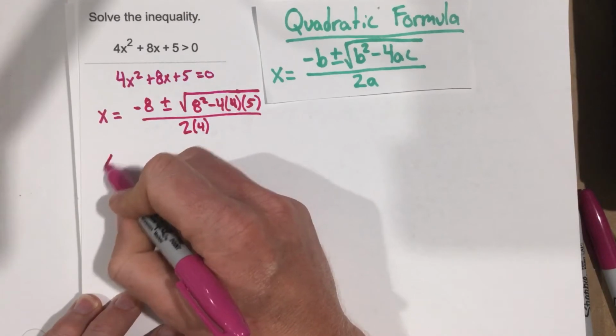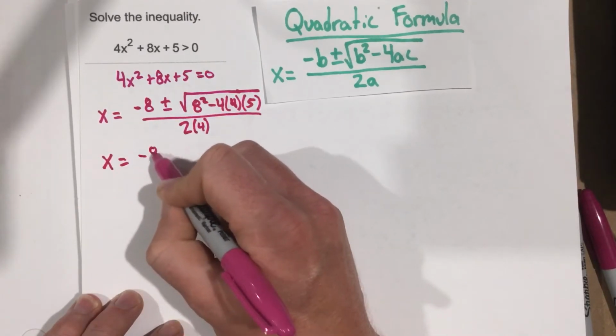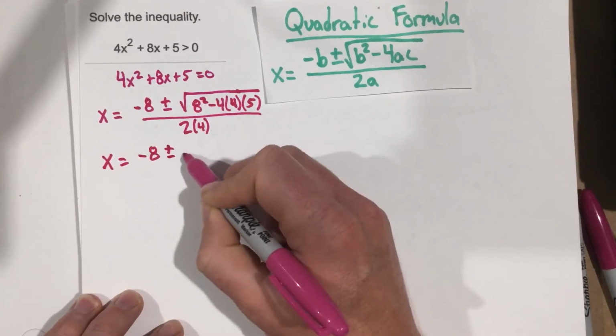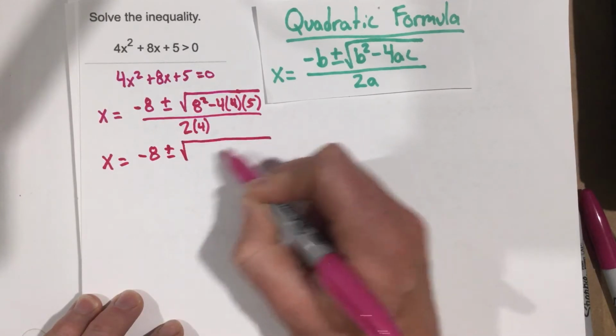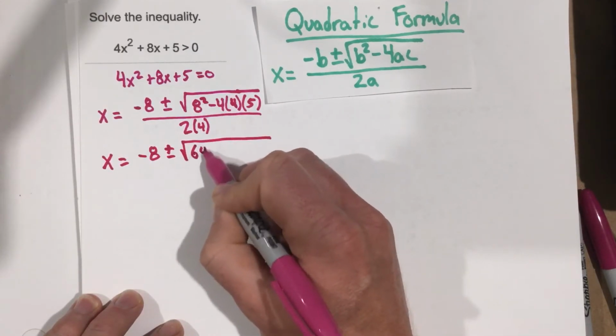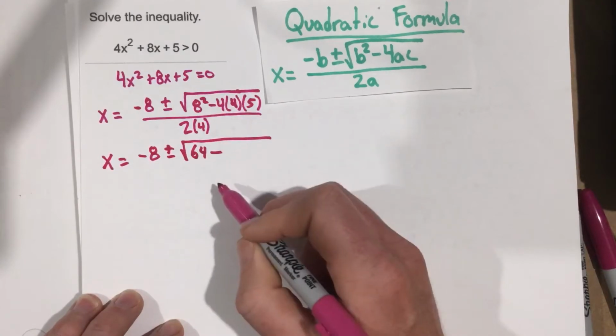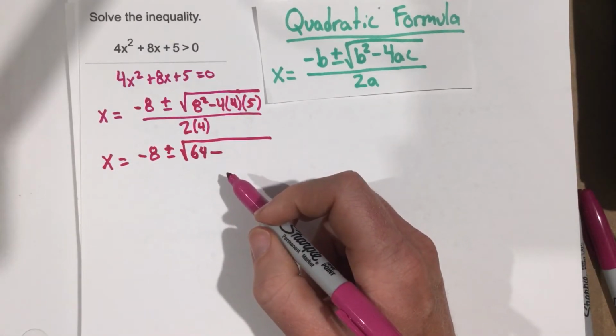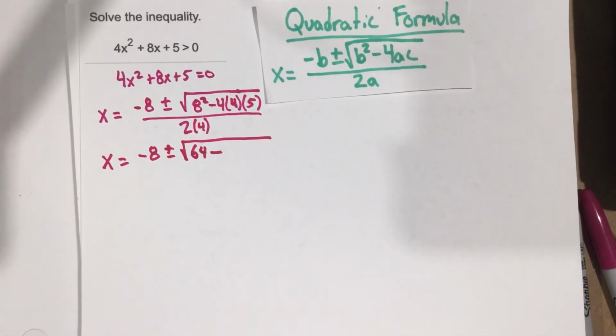So now I get x equals negative 8 plus and minus root 64 minus 4 times 4, which is 16, times 5, which is 80.